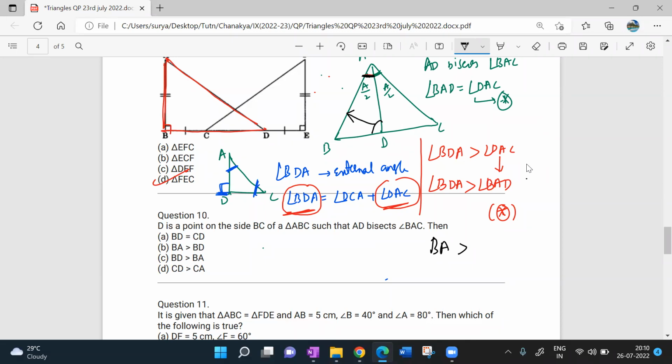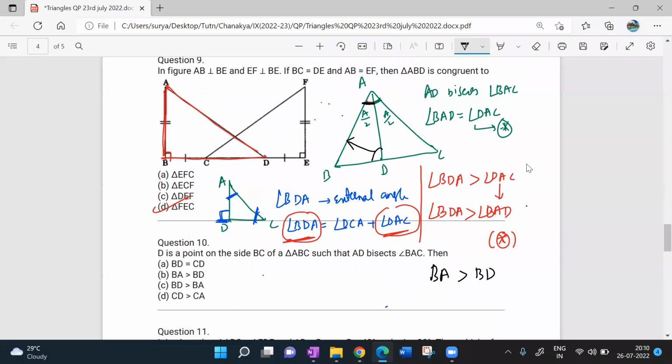BD. BDA, beta, look at this here. Try to understand what I'm trying to say. BDA, this angle. What is the opposite side to that? AB or BA? BAD. What is the opposite side to that?